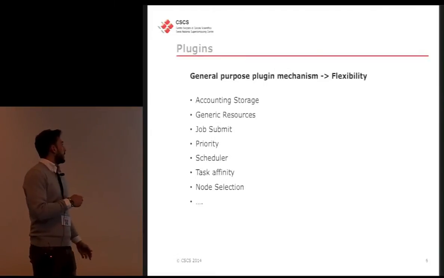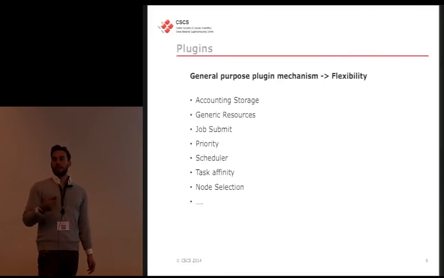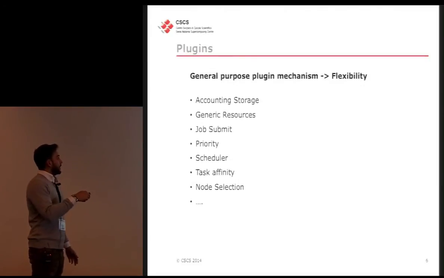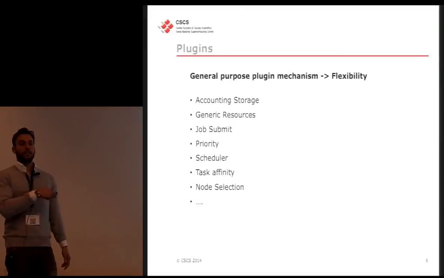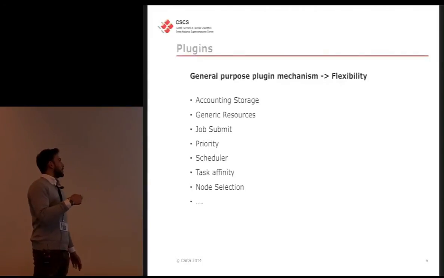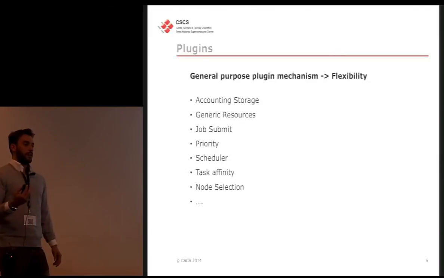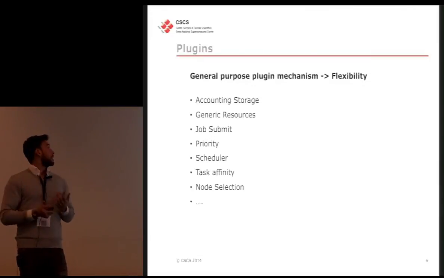So for instance, we have the accounting storage. This is the plugin that makes you use the SLURM database and store accounting information about your jobs. The generic resources plugin, which I'm going to talk about later, because it's the one that we use for managing the GPUs. The job submit plugin is a plugin that can make you do some checks or execution before the job submit.